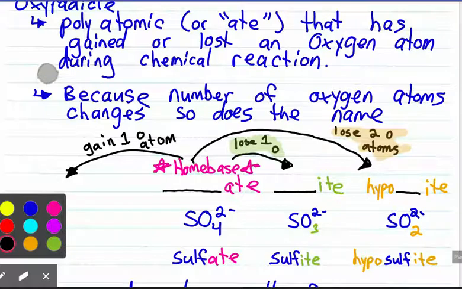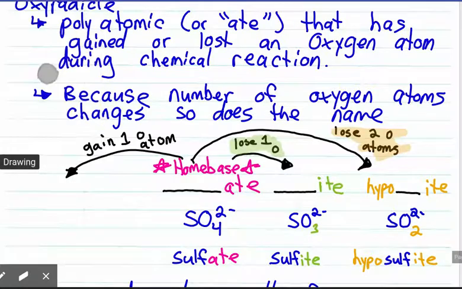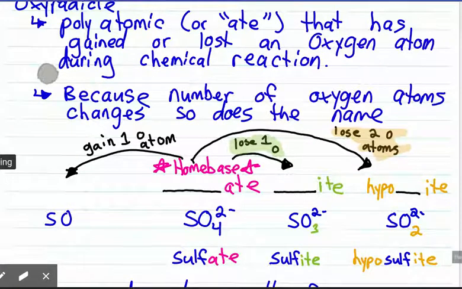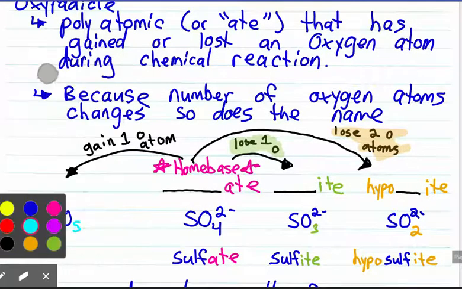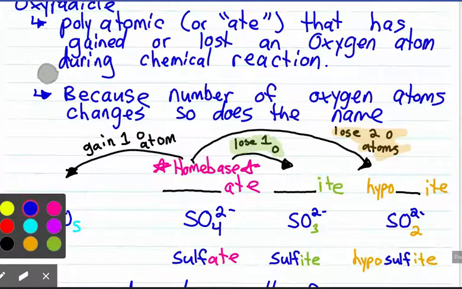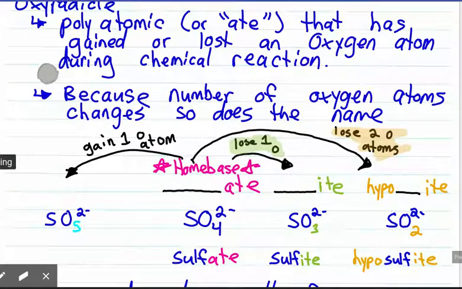We still have S and O, but instead of 4, we now have 5 oxygens. And this ion still has an ionic charge of 2 minus.